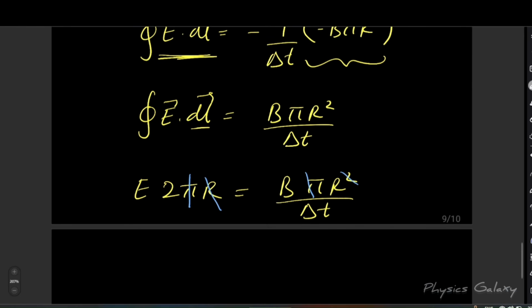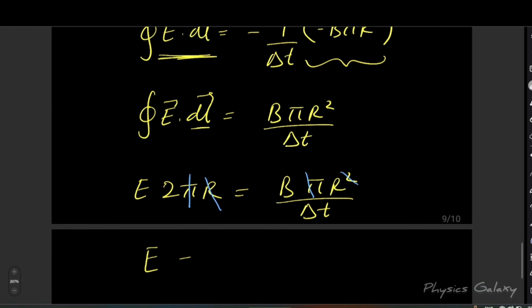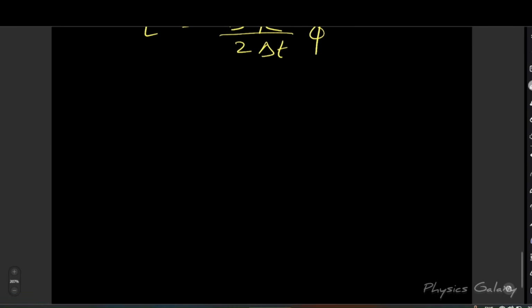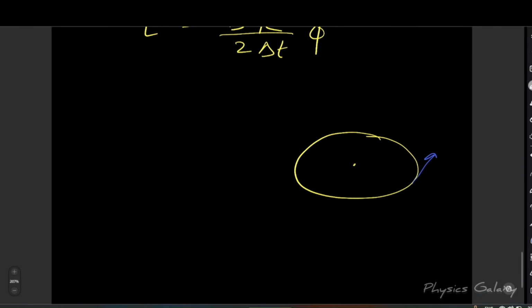So we have the electric field given as equal to B r by 2 delta t, and this will be in the phi cap direction. Okay, so what basically we have here is that when we stop the magnetic field, there will be an electric field, which will be in the phi cap direction. Okay, and this electric field will try to rotate the circular loop about this z axis.